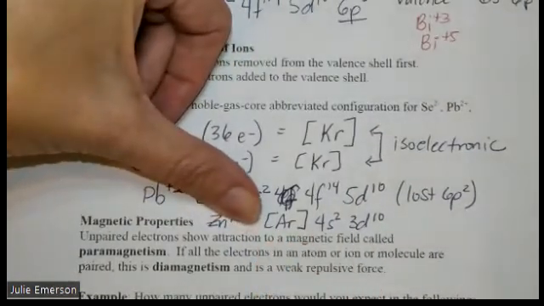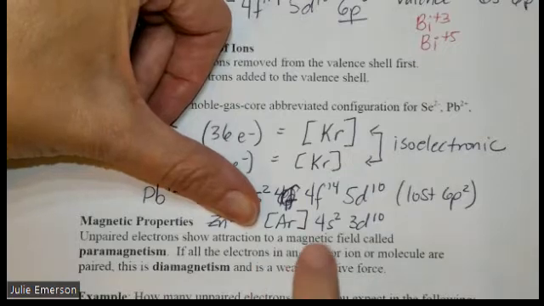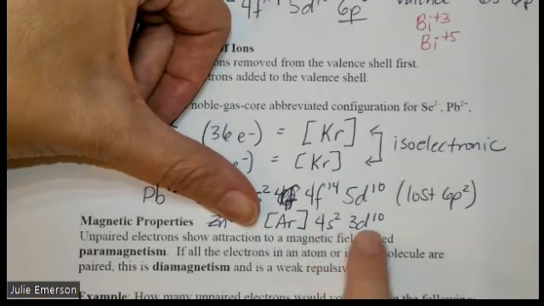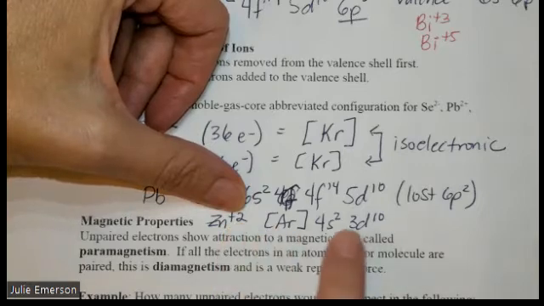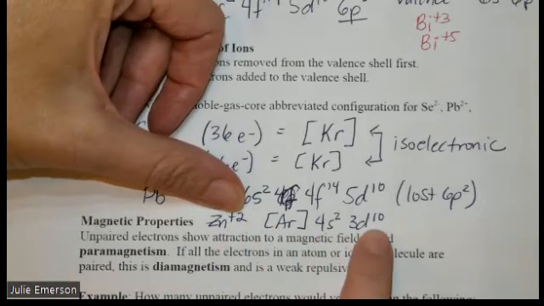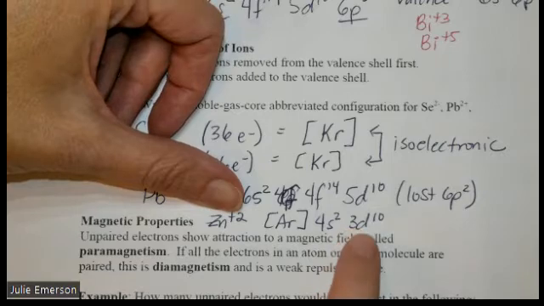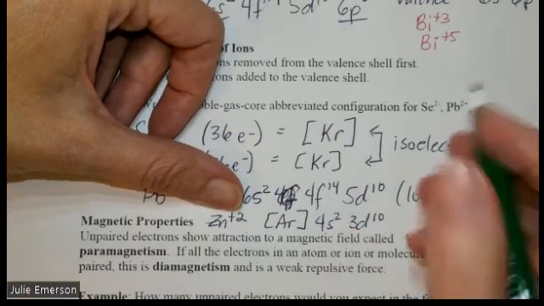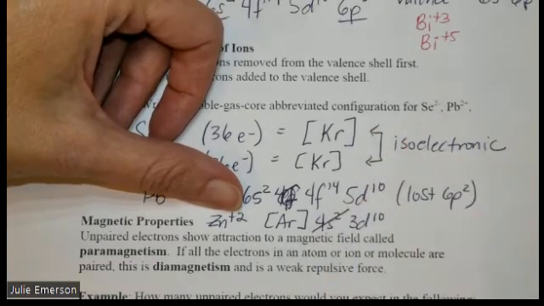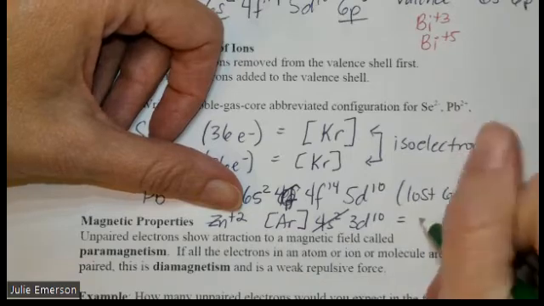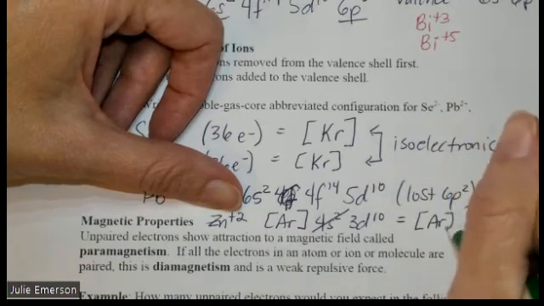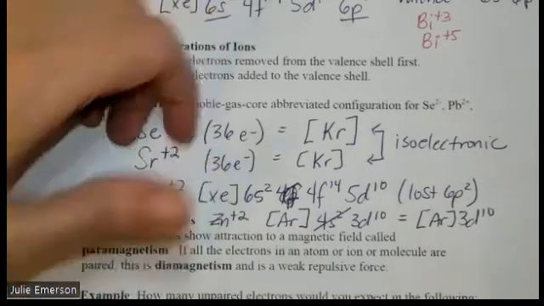So that's the whole thing. So what happens with your transition elements is you fill the 4s and then you fill the 3d. But then when you ionize, you take the 4s before the 3d. And that's actually true if the d is filled or not filled. Either way, it's the same. You take the 4s first. So what you're left with for the zinc ion is an argon core and then 3d10.